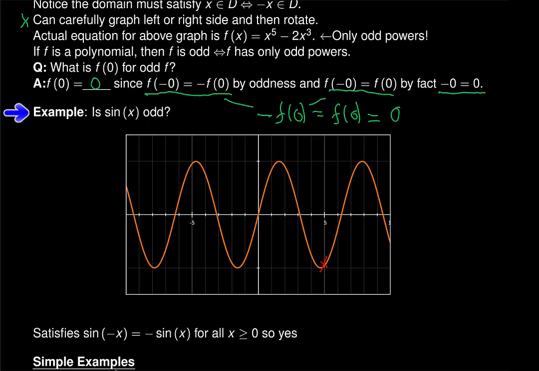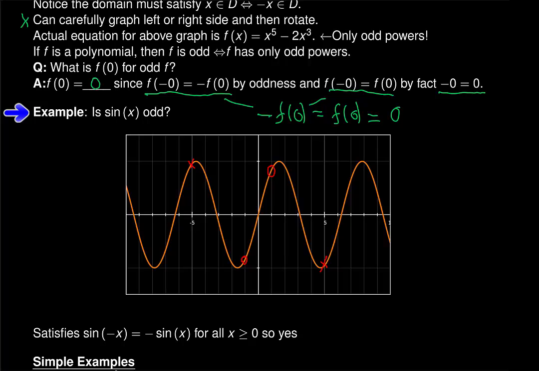Okay, so now if we look at f of minus 5, it should give us the negative of that value. And it looks like it does. Let's take another example. Let's take f of minus 1. If we look at f of minus 1, that should give us negative the value of f of 1. And it looks like it does. All right, so testing a couple of points, it looks like this is satisfied.